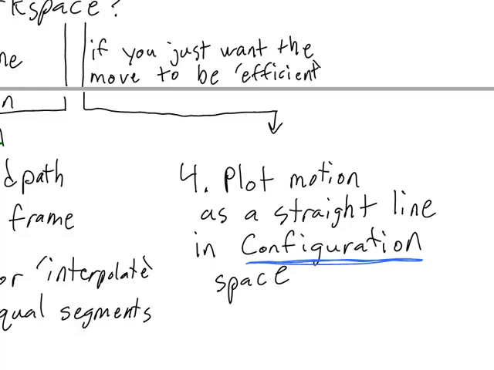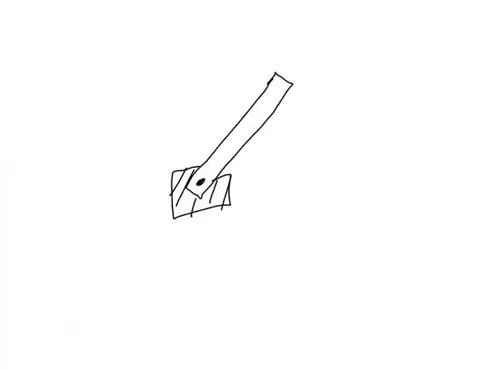However, we have to be aware that a straight line in configuration space is not necessarily a straight line in Cartesian space. That is, the end effector of our manipulator will not necessarily move in a straight line when we follow a path that is a straight line in configuration space.